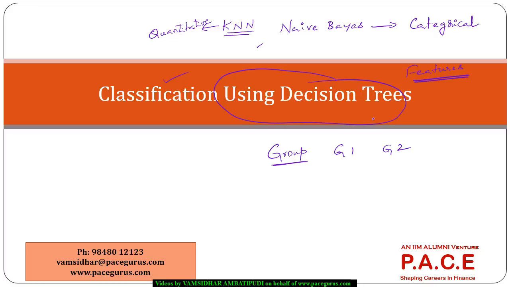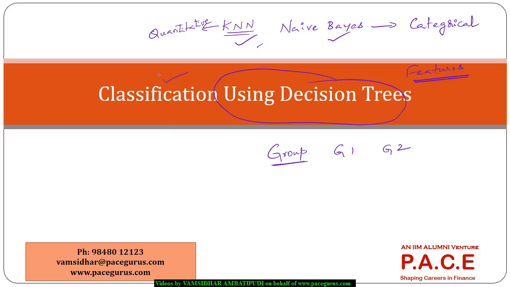But the approach that we are using for doing that process is different in all these methods. The same way, even in decision trees, the approach that we are using will be different from the rest of them. But the objective is still to classify the data.